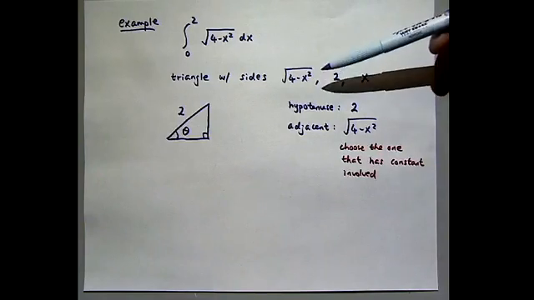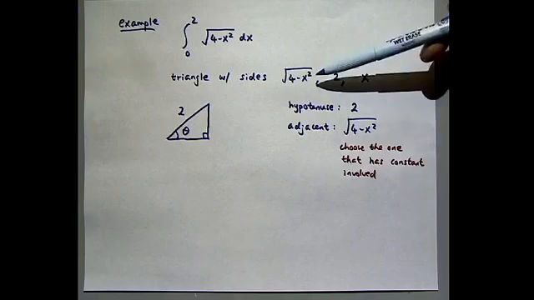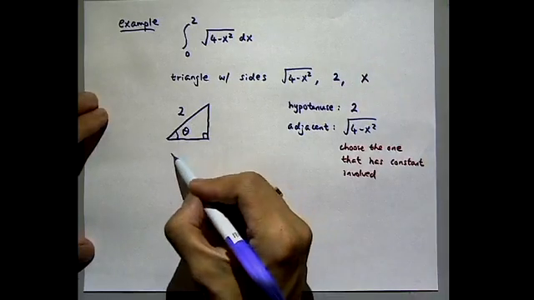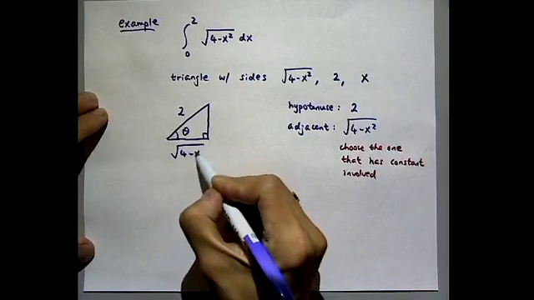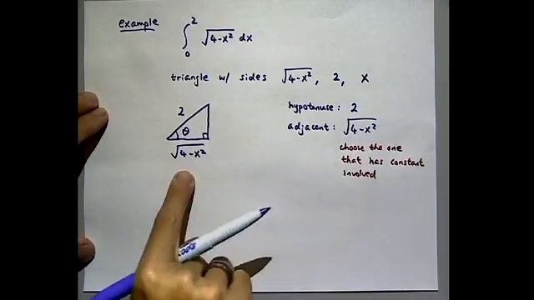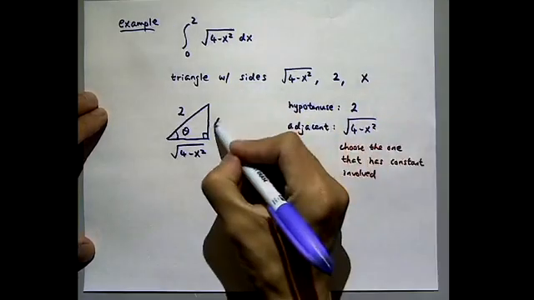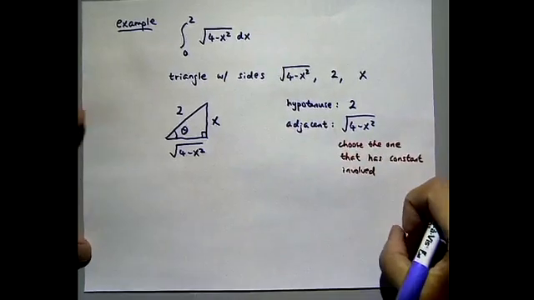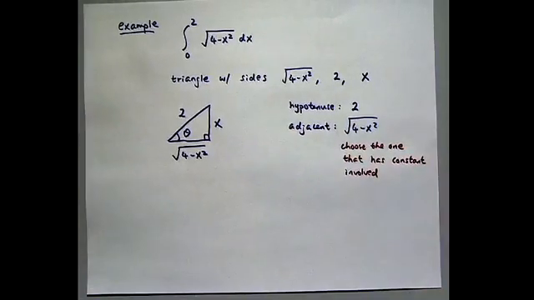You always want to choose the one that has a constant. This one doesn't. That does. And then once you made that choice, the last one goes to the opposite. Questions so far? We okay?